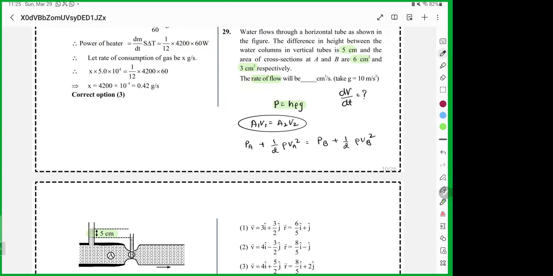It is like pressure energy, kinetic energy per unit mass, potential energy per unit mass will be equal. So these are the two popular formulas we need to use here. One Bernoulli's theorem and this is equation of continuity from fluids.